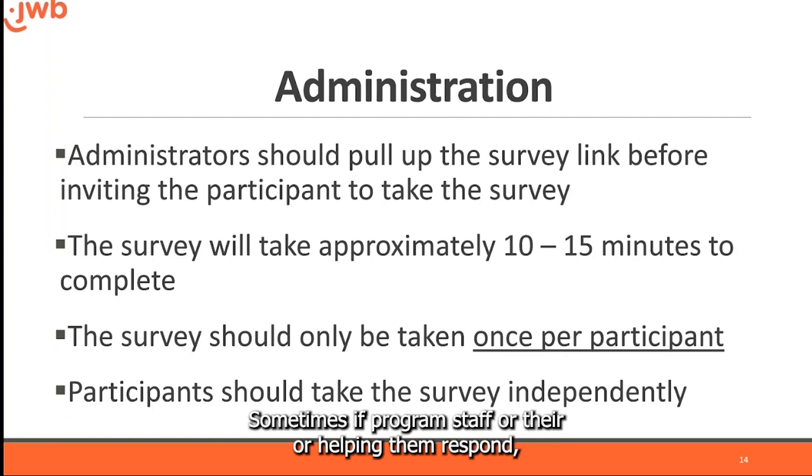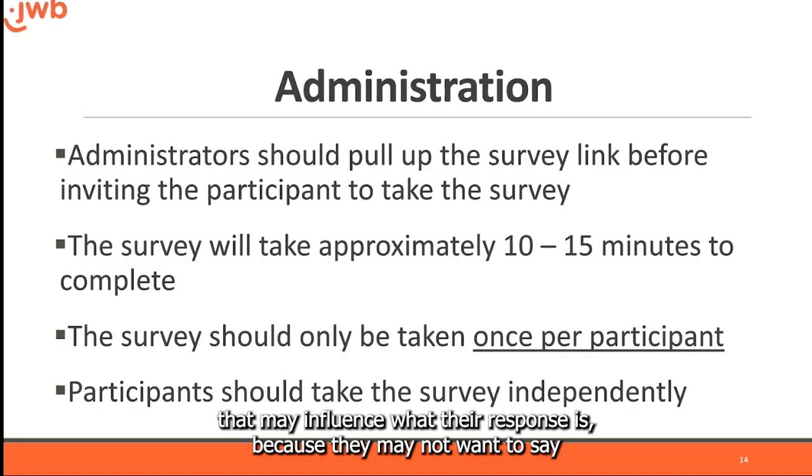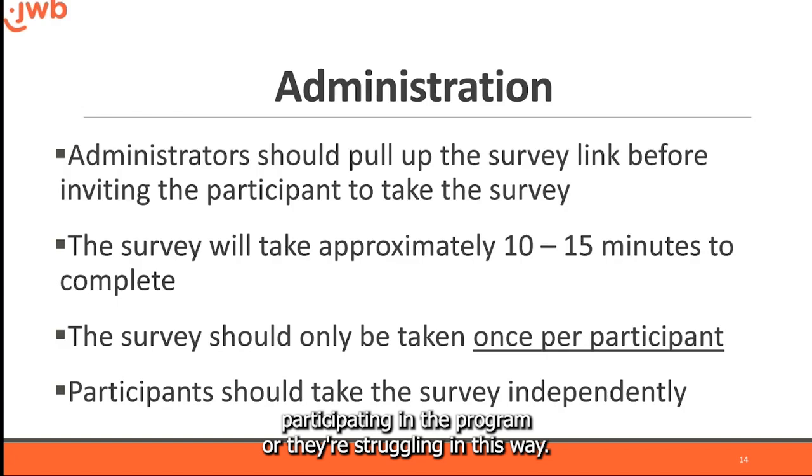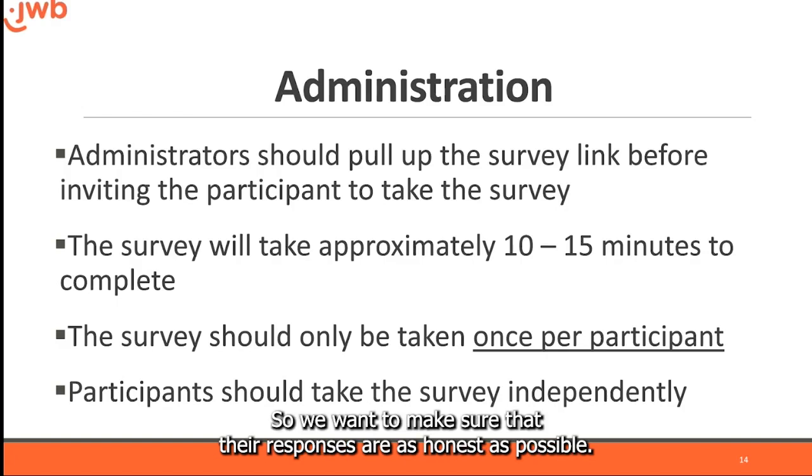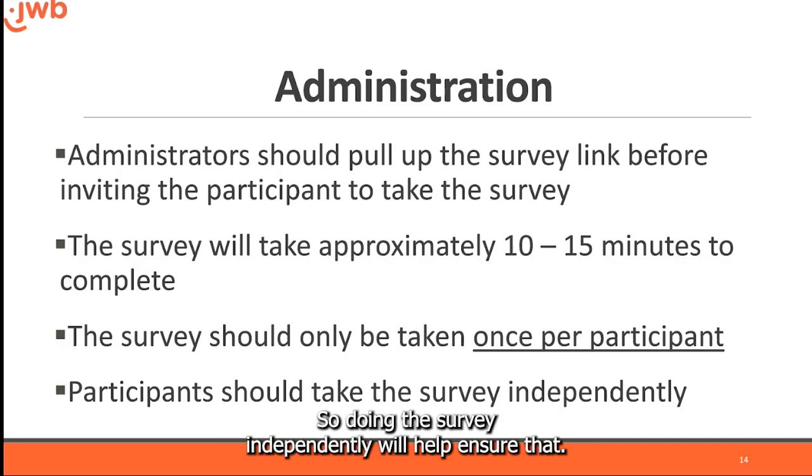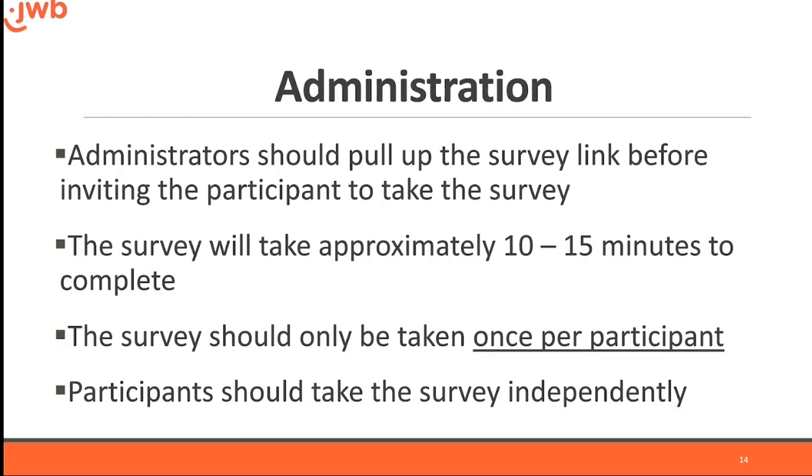Sometimes if program staff are there or helping them respond, that may influence what their response is, because they may not want to say that they don't like participating in the program or they're struggling in this way. So we want to make sure that their responses are as honest as possible. So doing the survey independently will help ensure that.